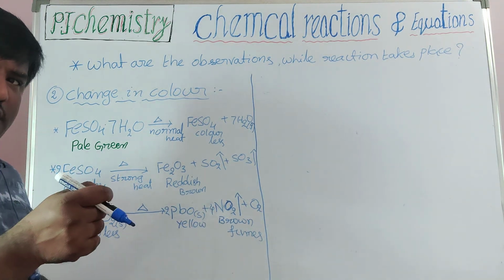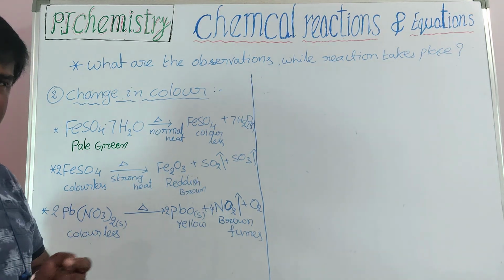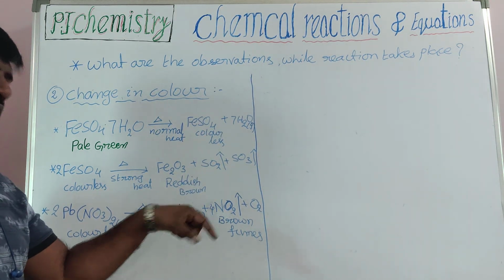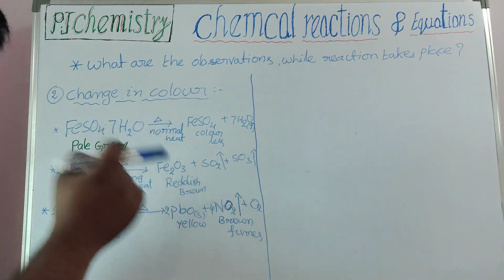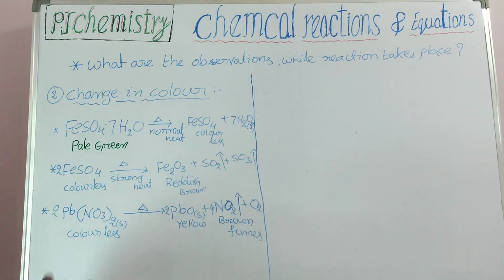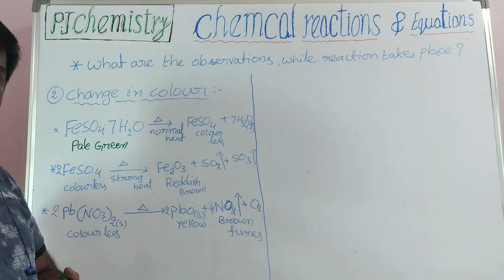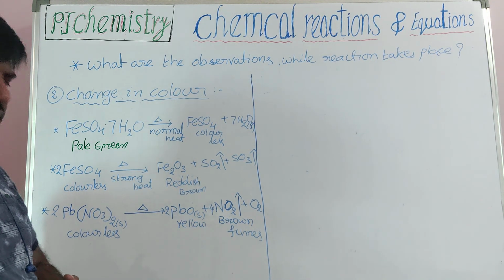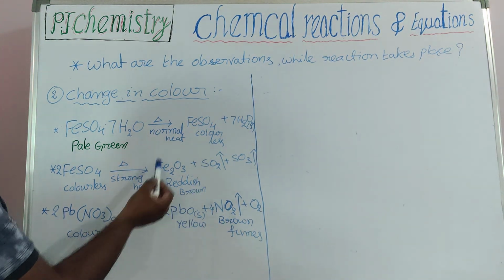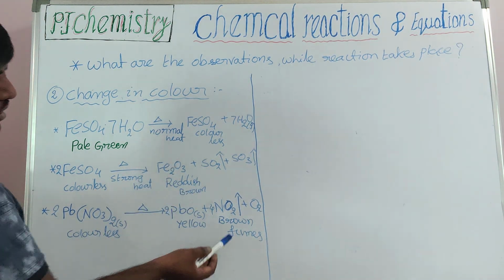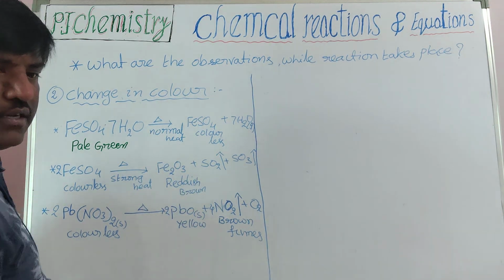A brown color solid means rust. These are the hints you want to remember: brown fumes means nitrogen dioxide, and brown color solid means rust.